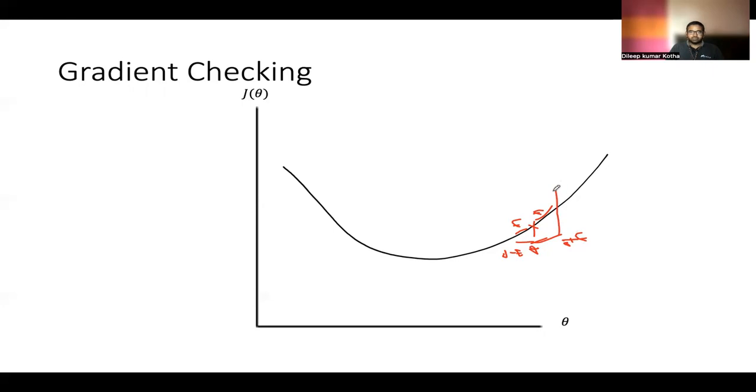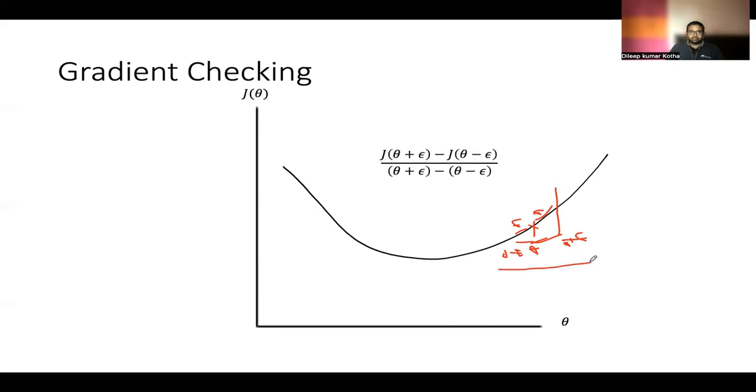As I've already explained in one of my last videos, a gradient is nothing but the change in the y-axis with respect to the change in the x-axis. So here, how much J of theta plus epsilon and J of theta minus epsilon differ, divided by the difference in how much theta changes, should give us the gradient.